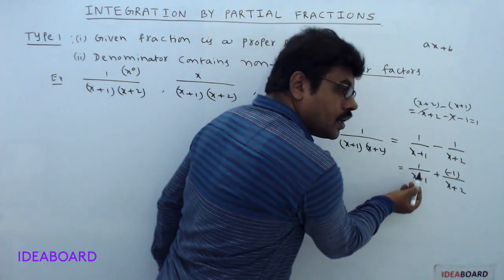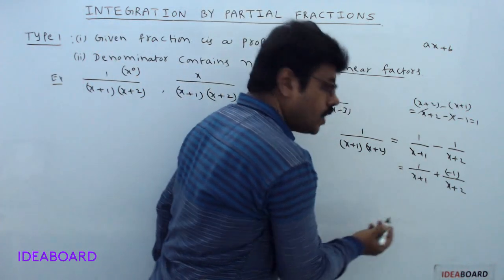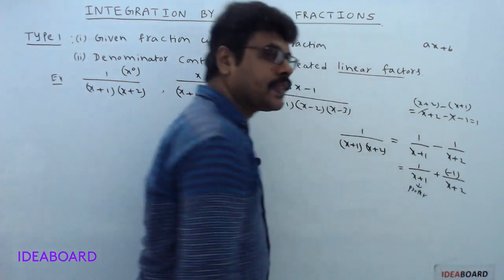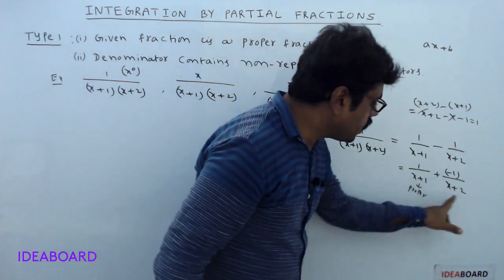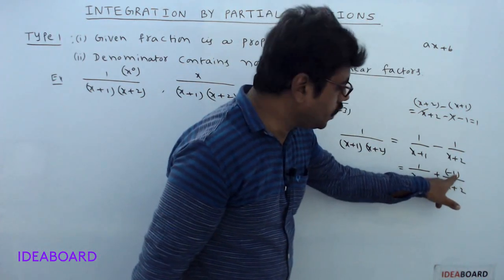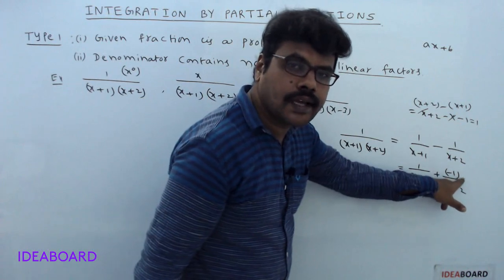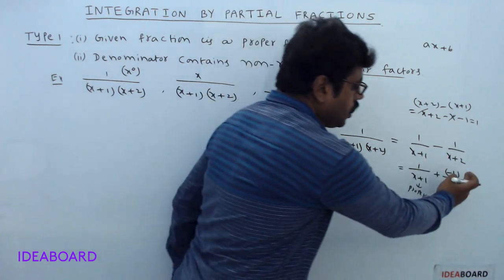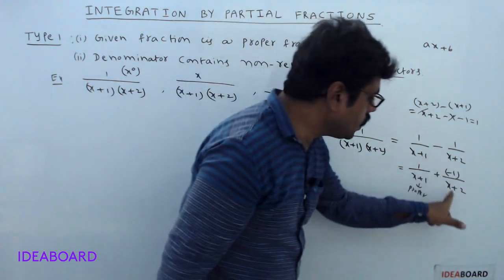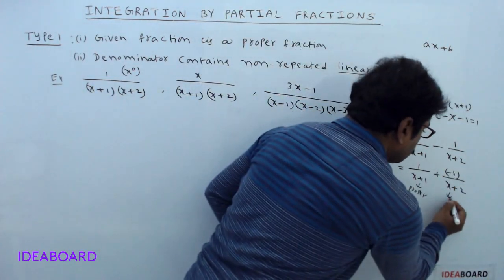So degree of numerator is less than degree of denominator. So it is a proper fraction. What is the degree of this denominator? 1. Now here again minus 1 will be there. It can be taken as minus x power 0. Degree of numerator 0. Degree of denominator 1. It is also a proper fraction.